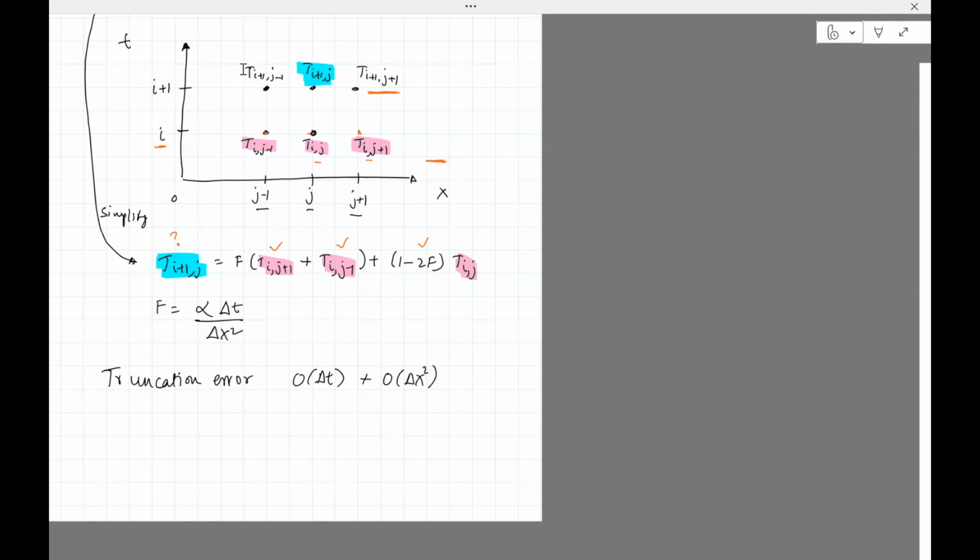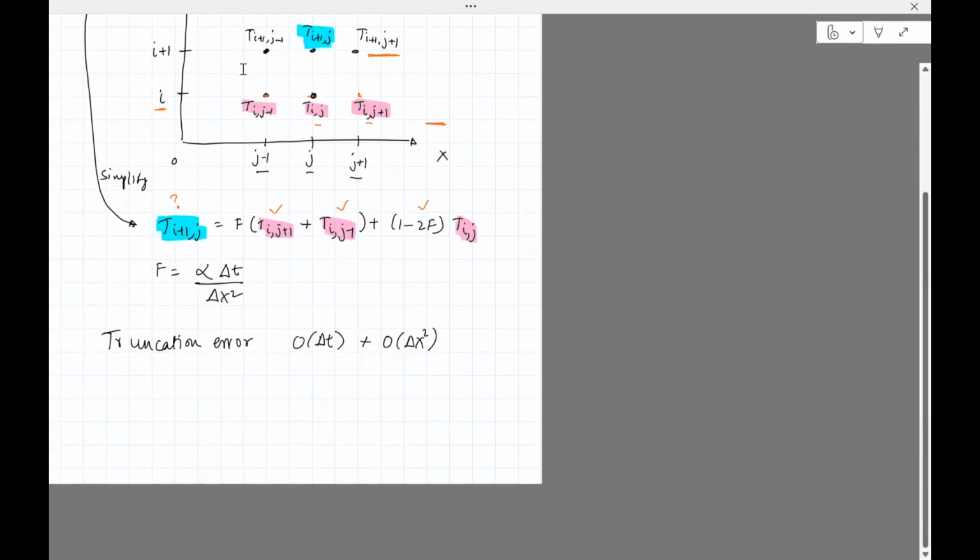The other thing is this particular method has a stability problem. The method is stable as long as this quantity f, which is alpha delta t over delta x square, is less than half.